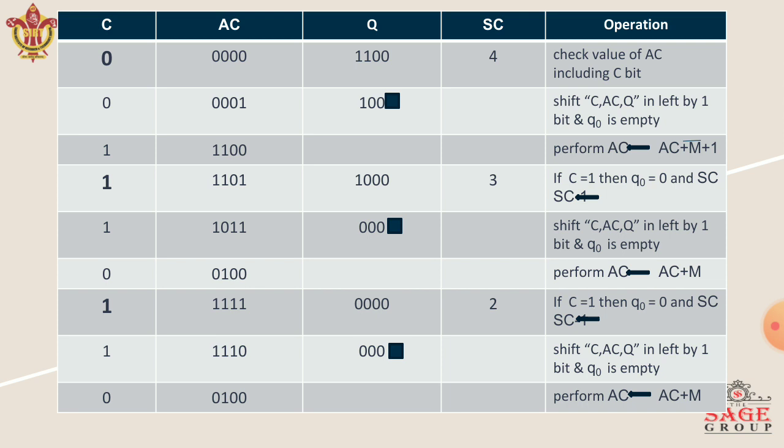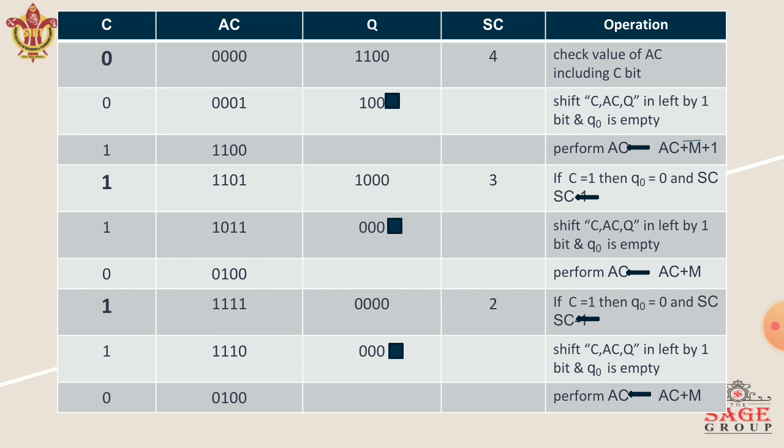Add this value in AC including C. After adding, we got the value 11111, and we also find the value of C equal to 1, so Q0 equal to 0 and SC is decremented by 1. So the value of SC is 2.